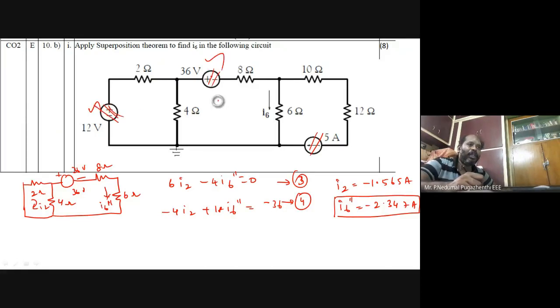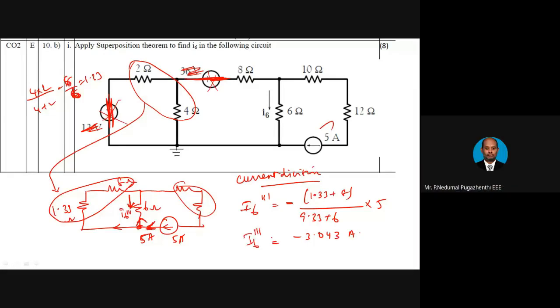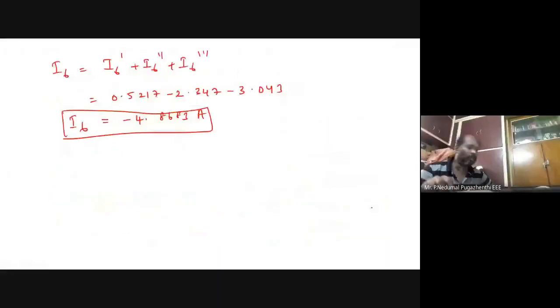You eliminate the other two and try to find I6 double dash, which is equal to minus 2.347. In the third case, consider this 5 ampere current source. You eliminate these two and try to find using current division. I6 triple dash is equal to minus 3.043 amperes. Now add all these three, you will get your final result.